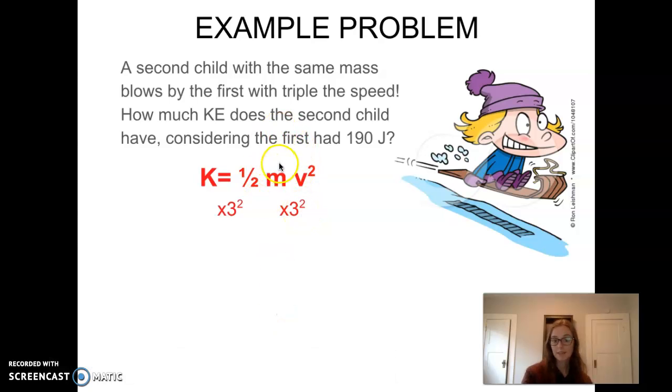Our mass stays the same, so I can ignore mass. But then I have to multiply K times 3 squared, which is also the same as 9. So I'm doing 190 joules times 9, or times 3 squared, to get 1,710 joules.